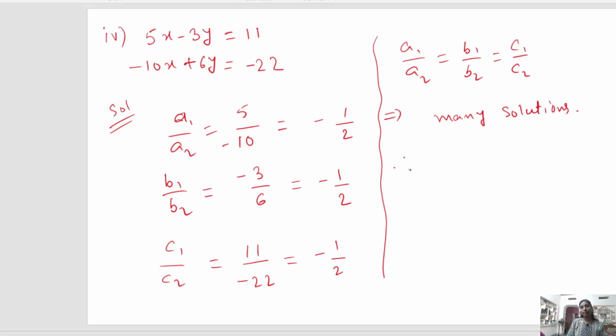Therefore, the pair of linear equations are consistent. If we get many solutions, we can say that the pair of linear equations are consistent.